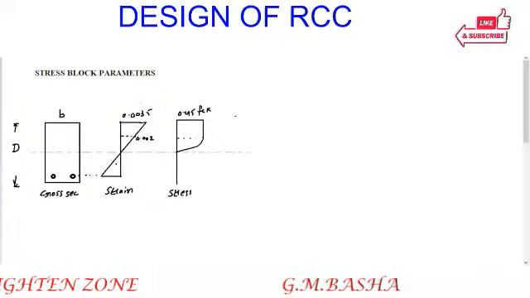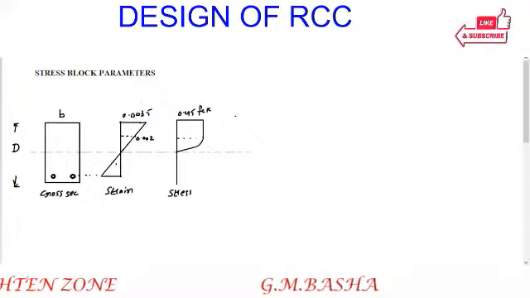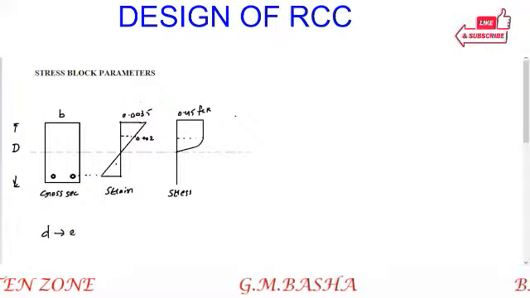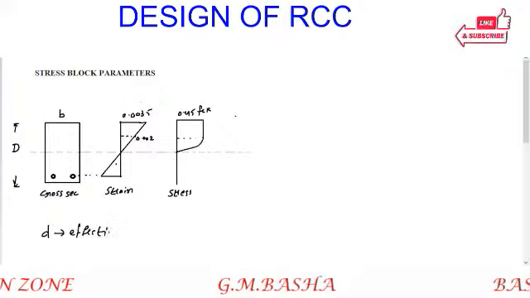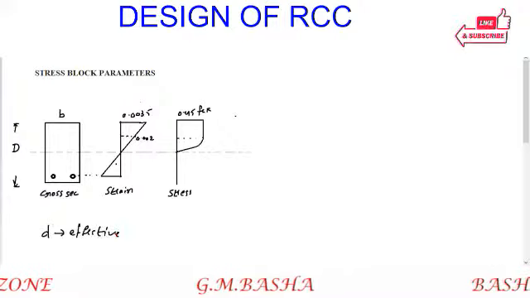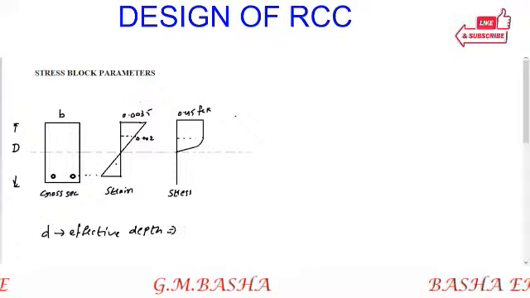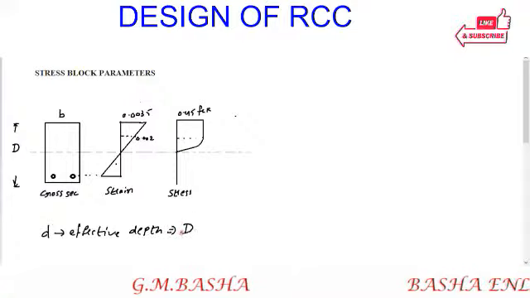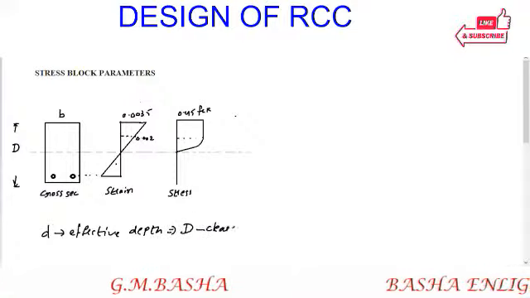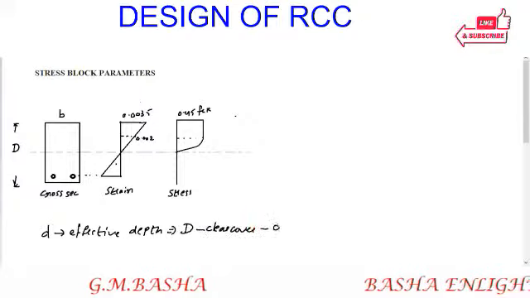One more point I want to add here: d, which is called the effective depth. Effective depth is always taken as the overall depth minus the clear cover minus dia of bar by 2.